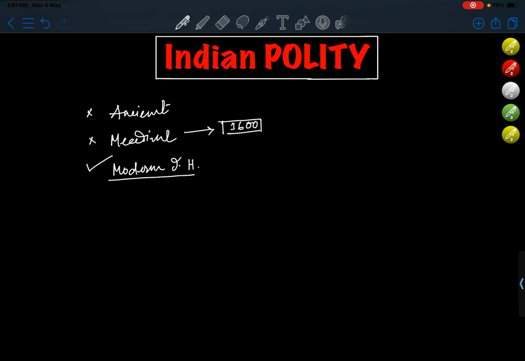So many foreigners like the Dutch, Portuguese, English, French, and other people came to India, maybe for some purpose.